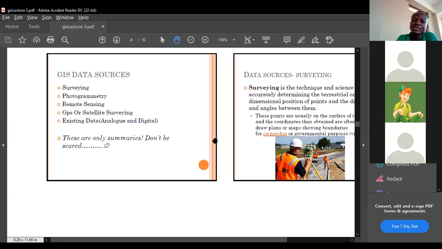So we come to data sources for GIS. And let me tell you something. When you go to an examination, you read the words and understand it. When someone says data acquisition and someone says data source, really the person is talking about the same thing. Data source, data acquisition. Are you okay?